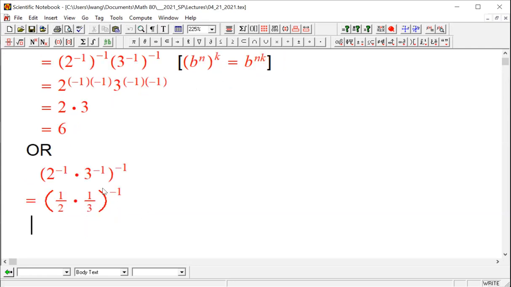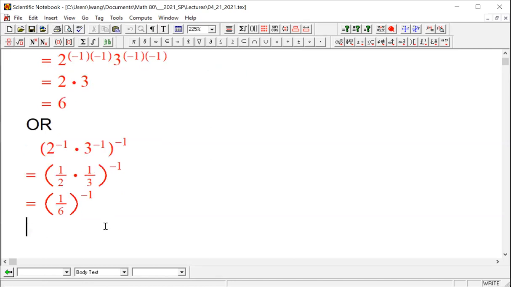You take care of the parentheses first; the power stays outside, waiting. 1/2 plus 1/3 is 5/6. Then you apply the negative 1 exponent to 5/6, which is 6 over 5.